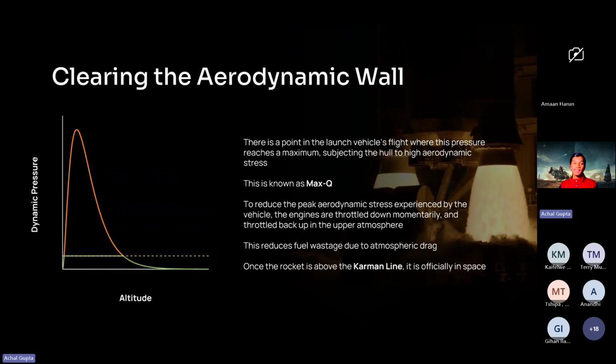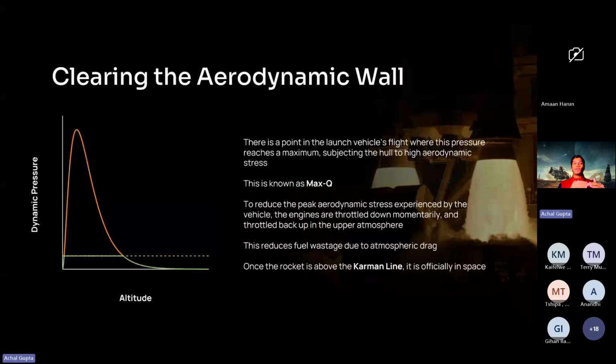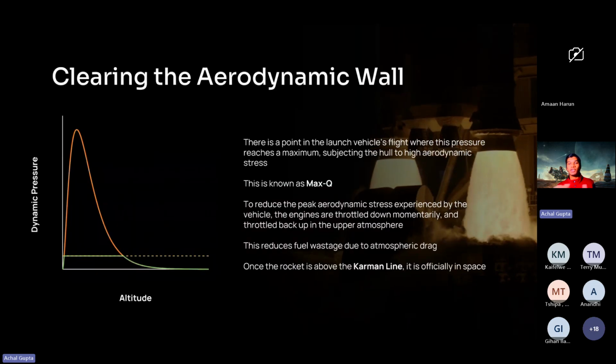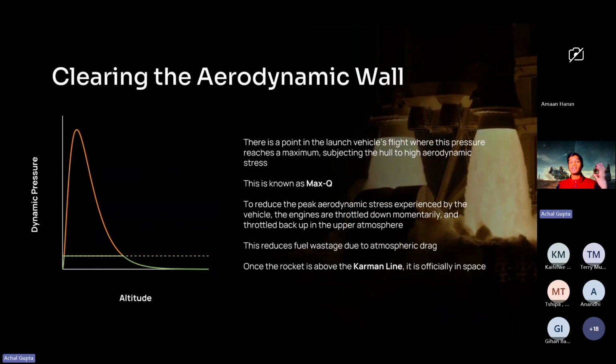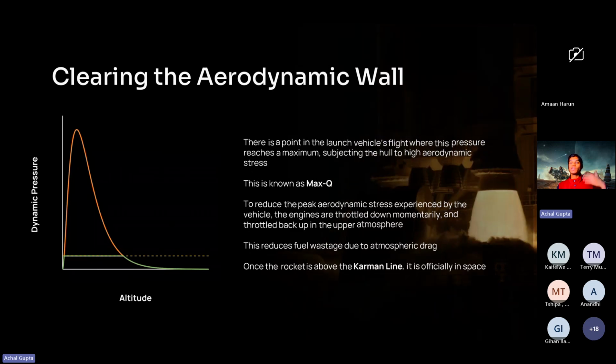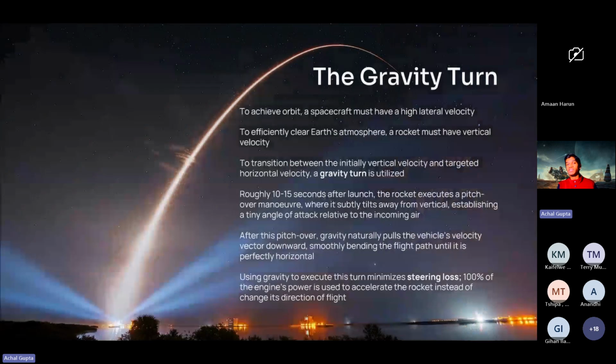The way to combat this is as we're approaching the theoretical max Q, we basically throttle down our engines so that we reach a constant dynamic pressure, which is much lower than max Q. And then once we've cleared the thicker parts of the atmosphere, we throttle our engines back up again, and all of a sudden we have saved a lot of fuel, and we've also saved our rocket from experiencing these great amounts of stress. Once we cross the 100-kilometer above sea level line, we are in internationally recognized space.